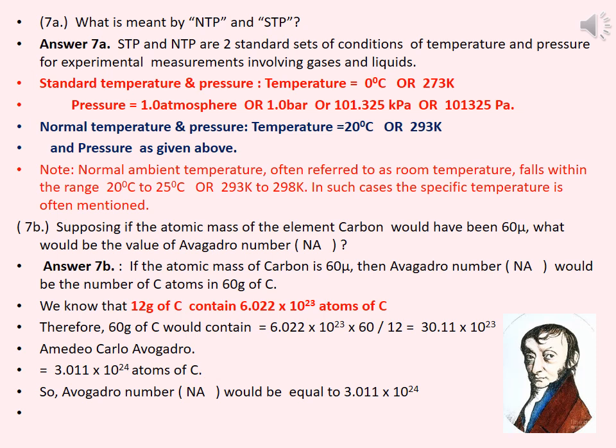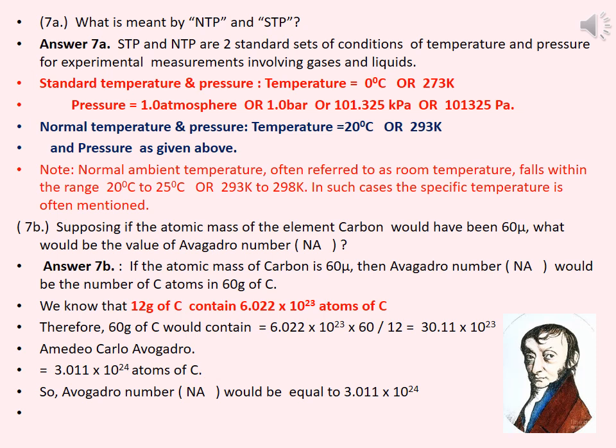Okay, coming to this problem. If the atomic mass of carbon is assumed to be 60 mu, then the Avogadro number Na would be equal to the number of carbon atoms in 60 grams of carbon.